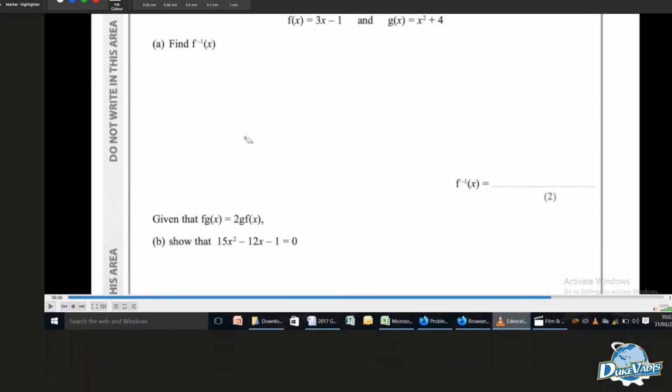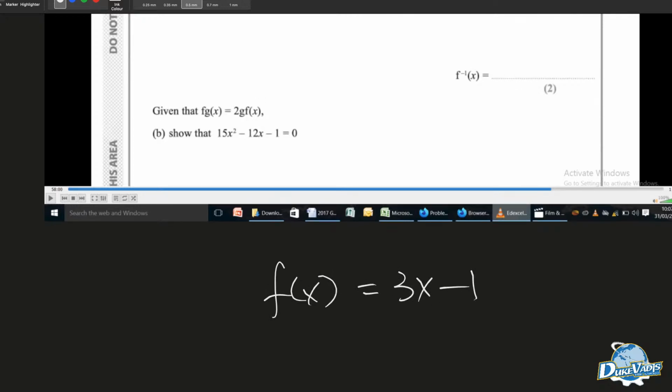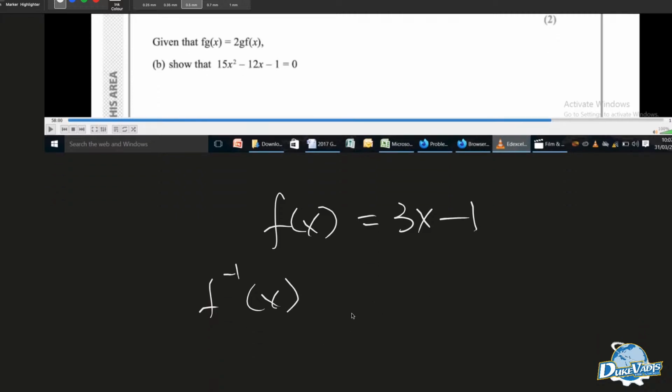Of f. So f of x has been given as 3x minus 1. They say we should find the f inverse of x. So let y be equal to f of x.